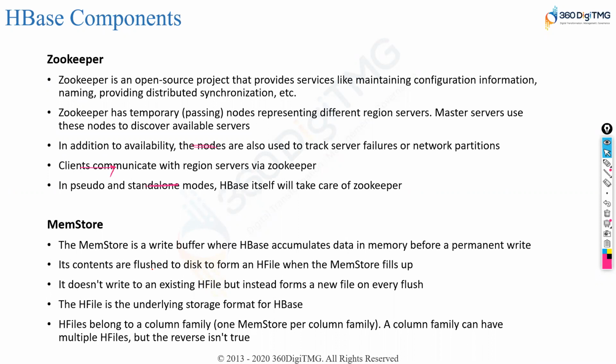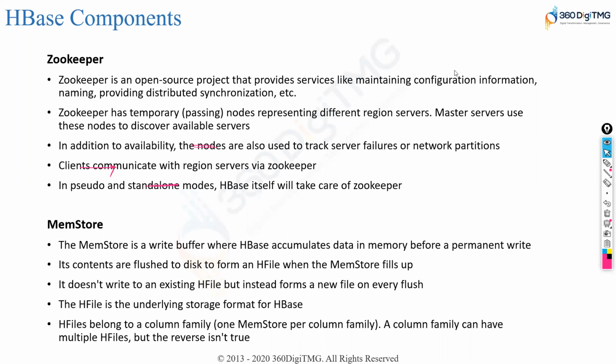Now, one thing you need to remember is that the physical H files that we are going to create are always going to contain information from a specific column family, right? One column family, one memstore. You can have multiple memstores for your column family.